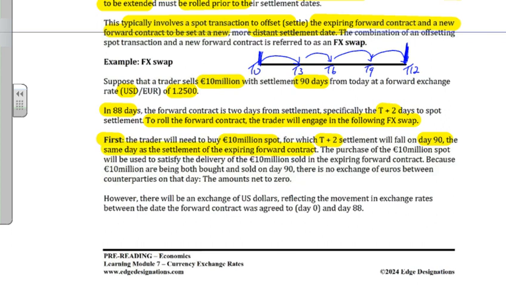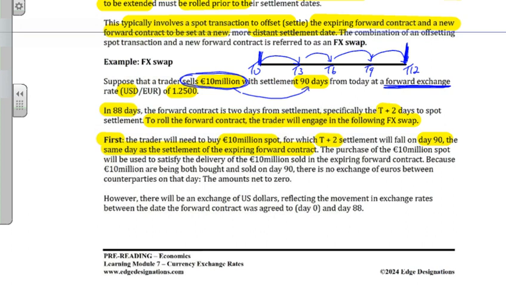Now, what did he enter into? Let's try and understand the transaction. He entered into a forward contract to sell 10 million euros. Now, if he's going to sell 10 million euros in 90 days' time per his forward contract, you better have it.